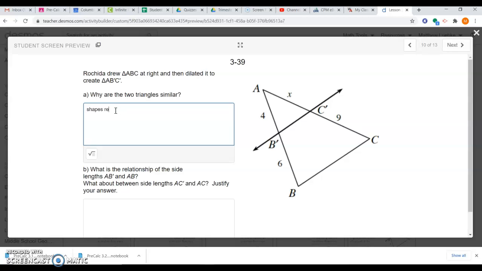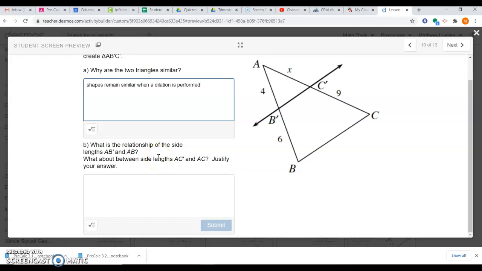I can say shapes remain similar when a dilation is performed. Something along those lines. Okay. What is the relationship of the side length AB prime and AB? And so what we can say there too is that we know that those two sides are corresponding. Those two sides correspond.